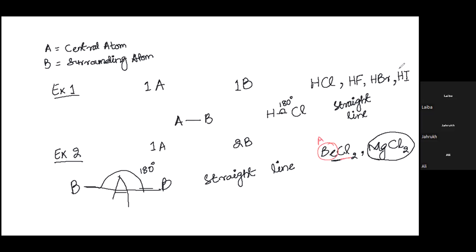This B, Cl, automatically becomes B, or the surrounding atoms, which means you can put A right in between with B surrounding it at two corners with a 180-degree angle, and you would understand what the examiner is trying to hint to you with the formula. So as soon as you see the formula, you can come up with a proper displayed formula, and from there onwards, you can work out your angle or your shape.